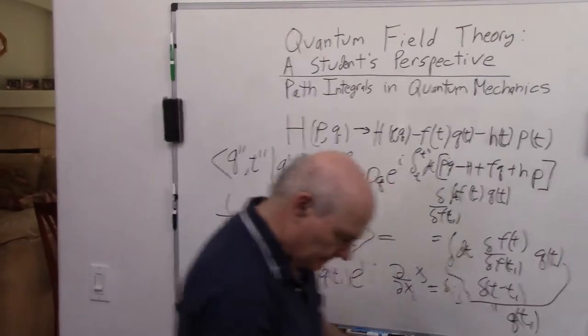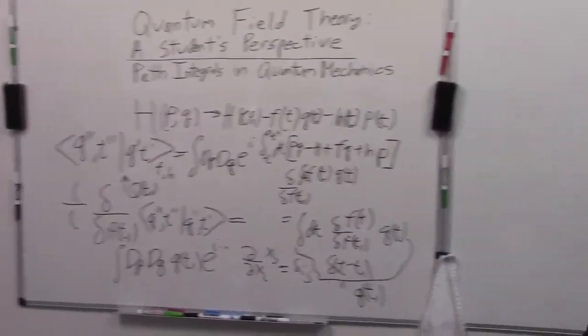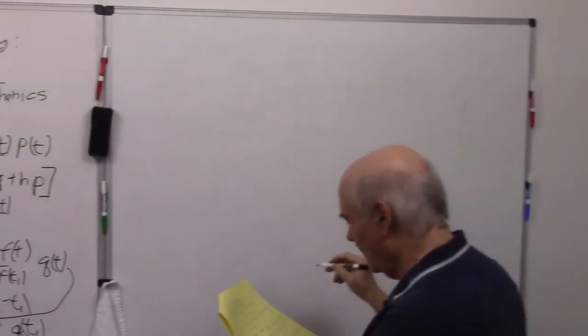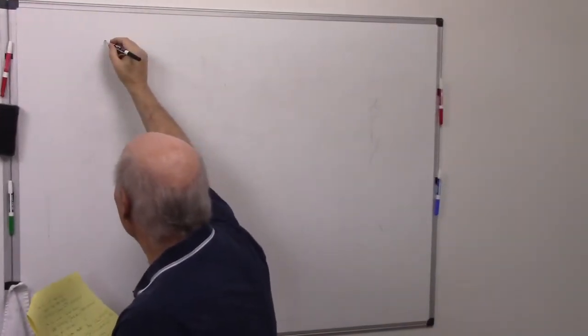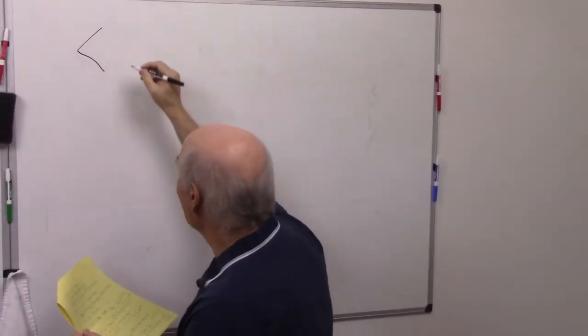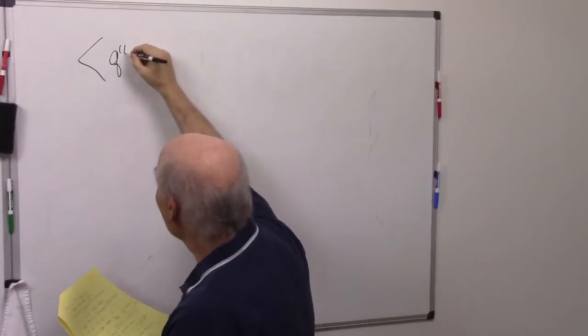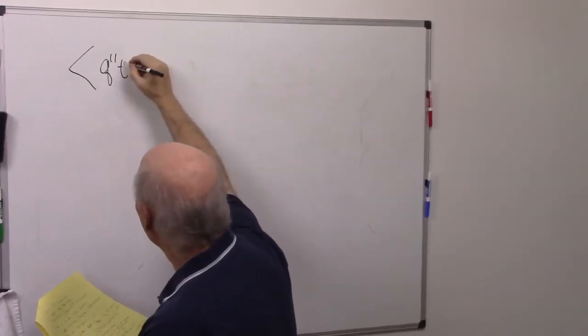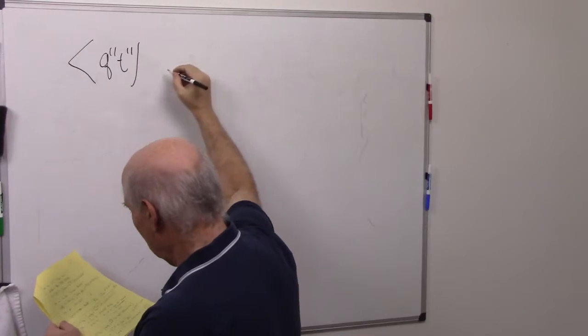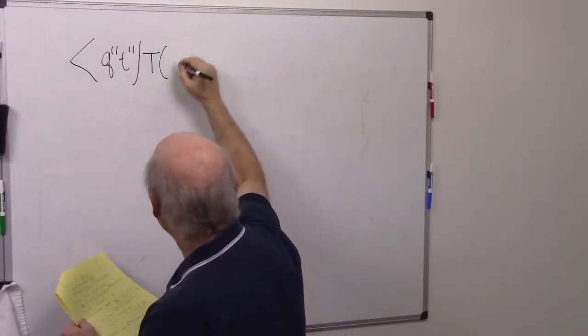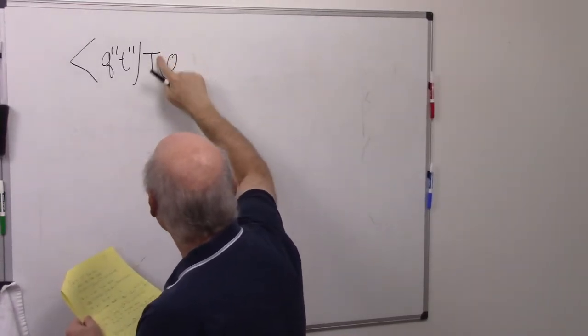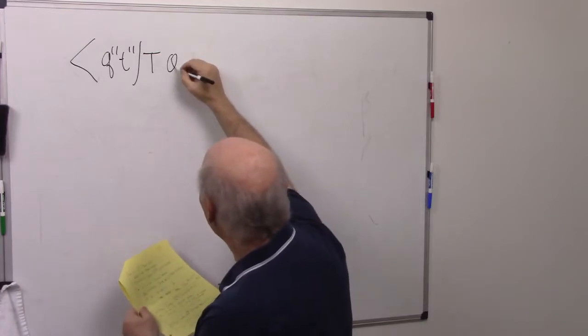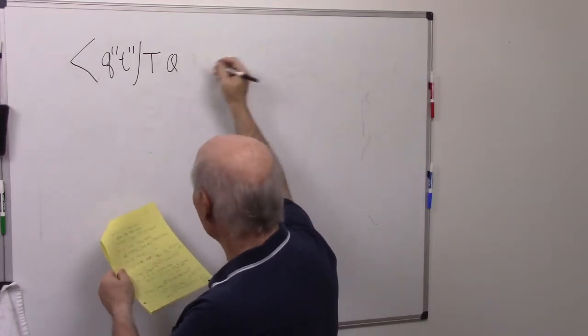So the main formula that we want to take away from this whole thing, I'll write it out completely. The time ordering symbol applies to every operator to the right of it.